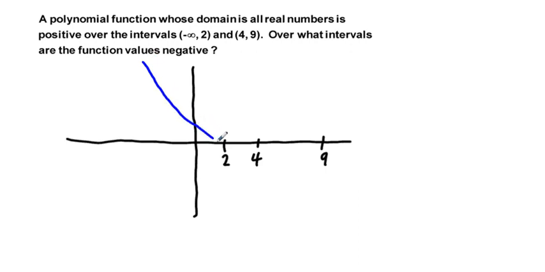So we are positive all the way there, and also from 4 to 9. So we're positive here, like this. And then, because everything else has to be negative, I'm going to draw the negative parts in red. We have to be negative down here, and also from x equals 9 toward positive infinity.